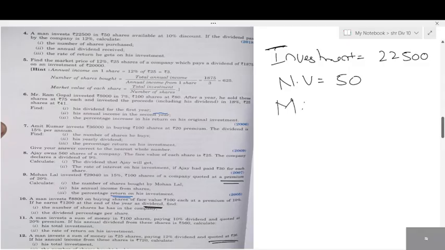Calculate market value if the dividend paid is the rate of dividend. Just calculate market value and tell me. I'll tell you how to find number of shares. The remaining questions you all can complete.